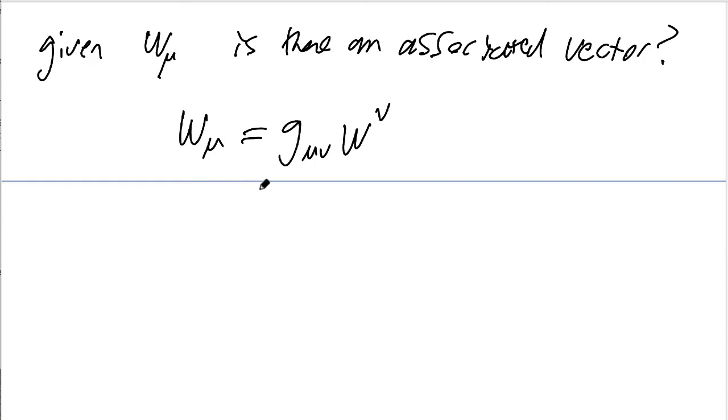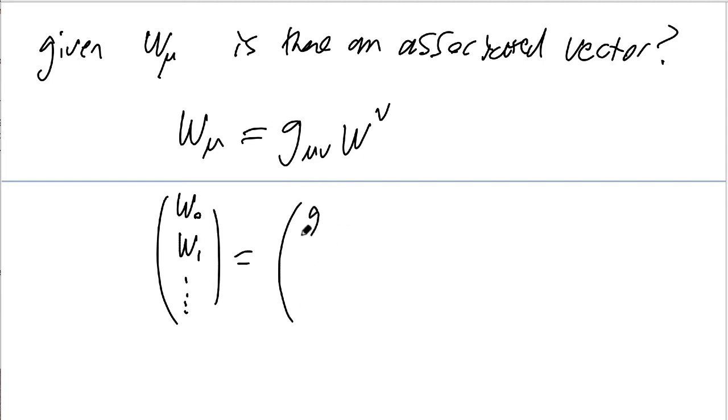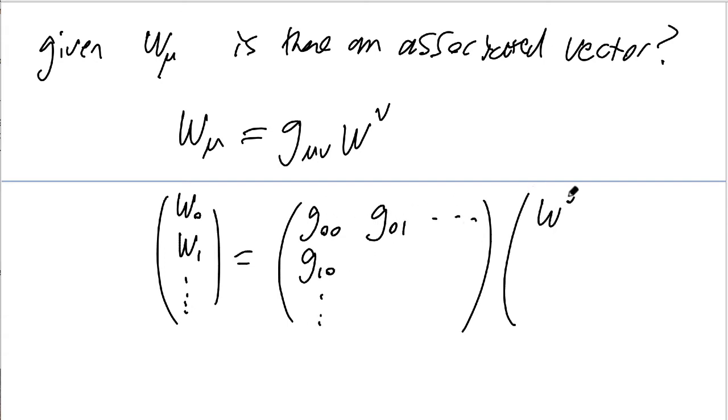So let's think of this as a linear algebra problem. So W mu we can write as W sub 0, W sub 1, and so forth as a column vector. G mu nu we can write as a matrix. So we have G00 in the upper left, G01 and G10 in the first row and column, and then this is W superscript 0, 1, and so forth.